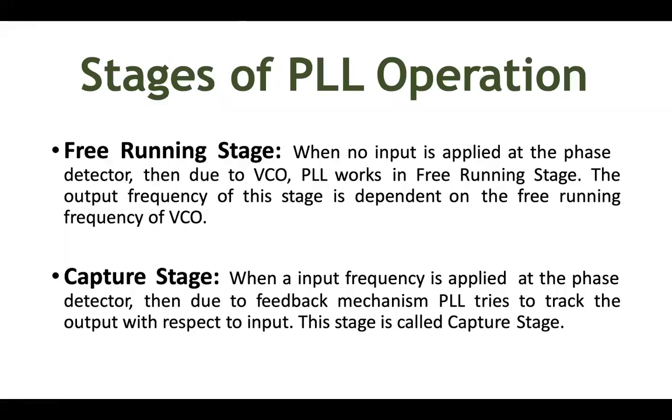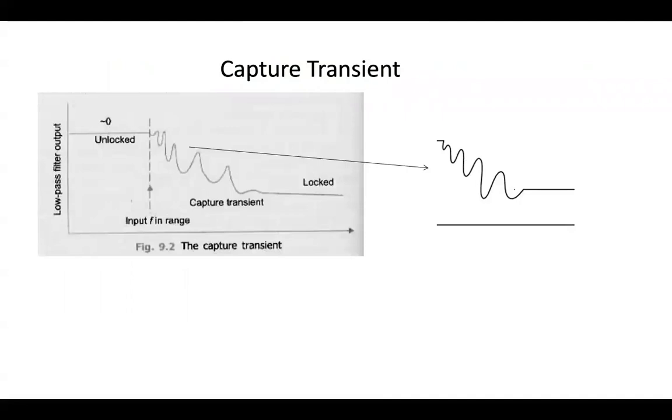Now what are some of the stages that happen, right? So there can be free running stage, and the second stage where it was constant is called capture stage. Now what is this free running stage? Let's get back to the previous slide. So here you can just see that these waves are going up and down, right?